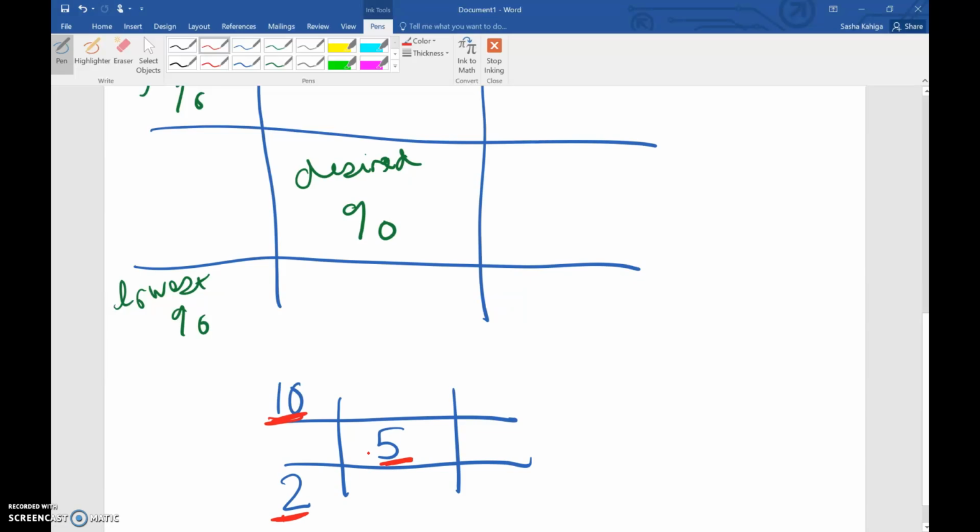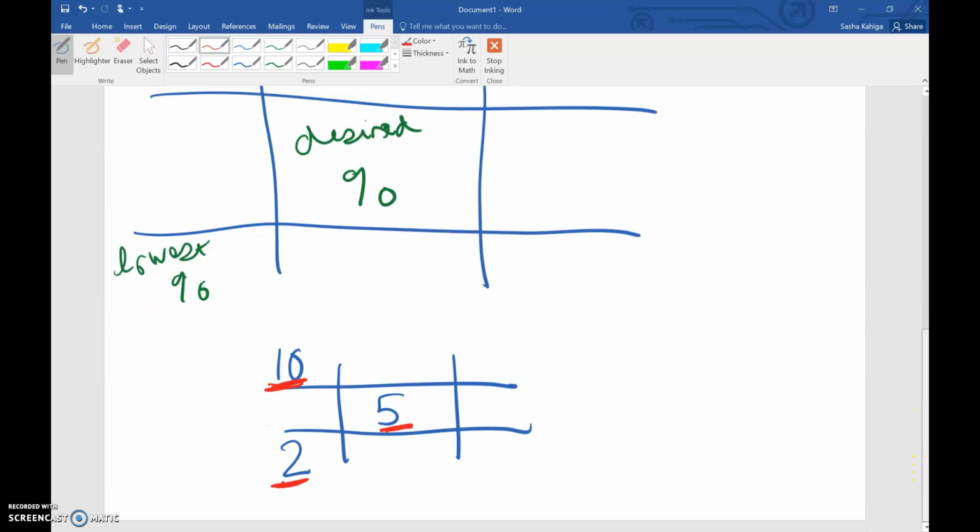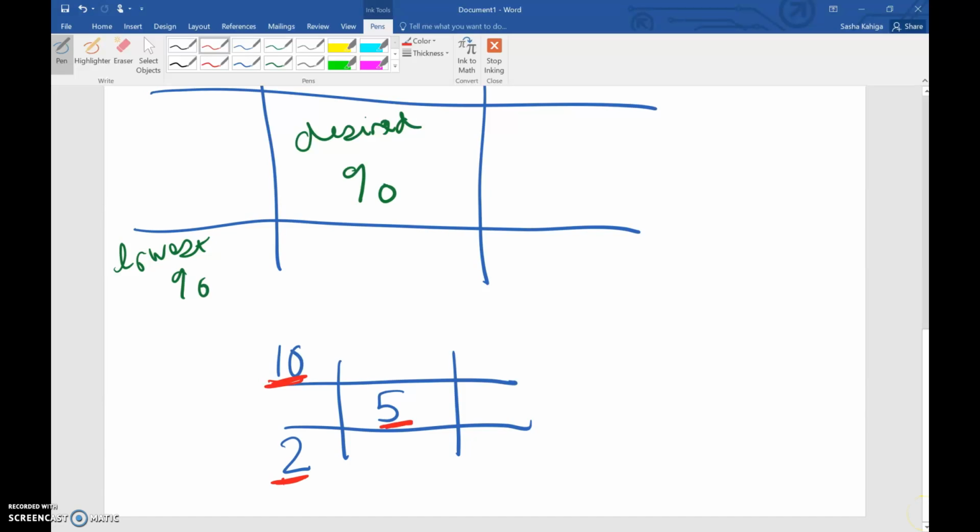Now, before you do anything else, you ask yourself, does the desired percentage fall in between 10 and 2? Well, it does.